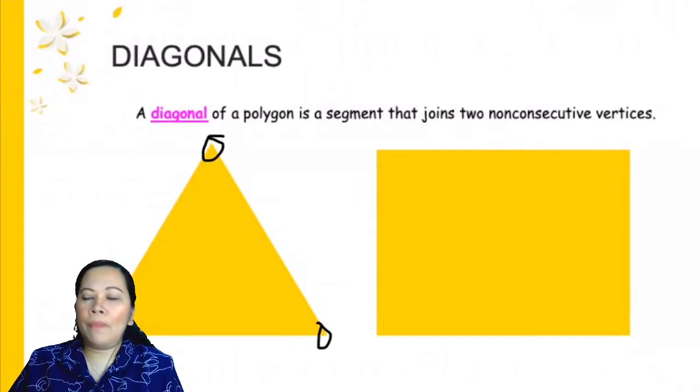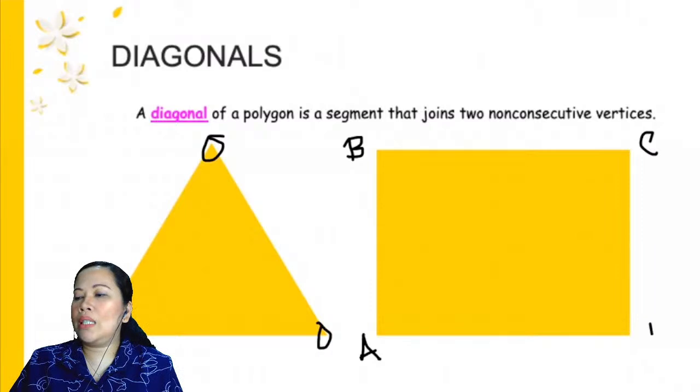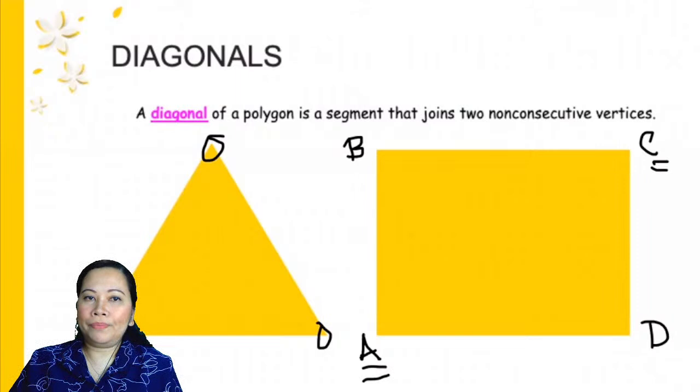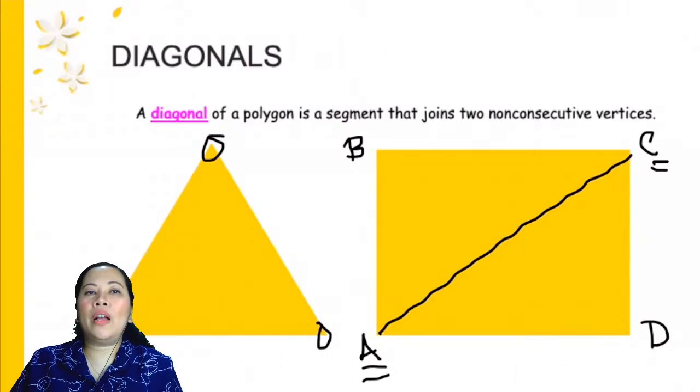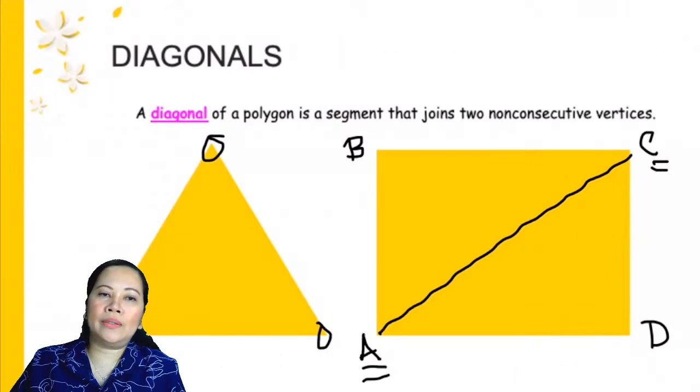But in a square or a rectangle or any quadrilateral, let's say the vertex is A, and you have vertex B, vertex C, and vertex D, the non-consecutive for A would be C. That's the non-consecutive. So a diagonal is a segment that joins two non-consecutive vertices. That would be your diagonal for a rectangle or a quadrilateral.